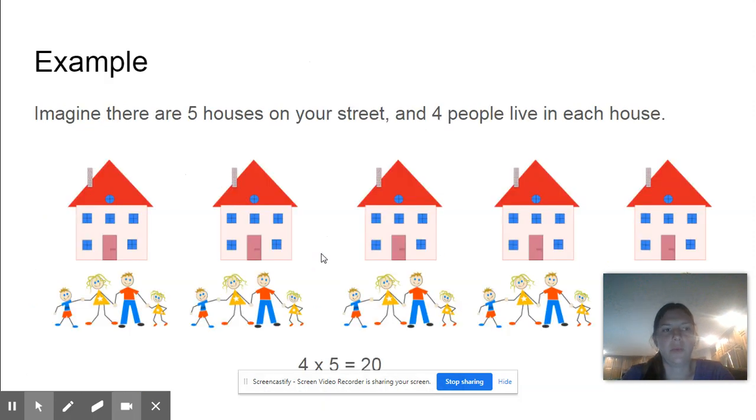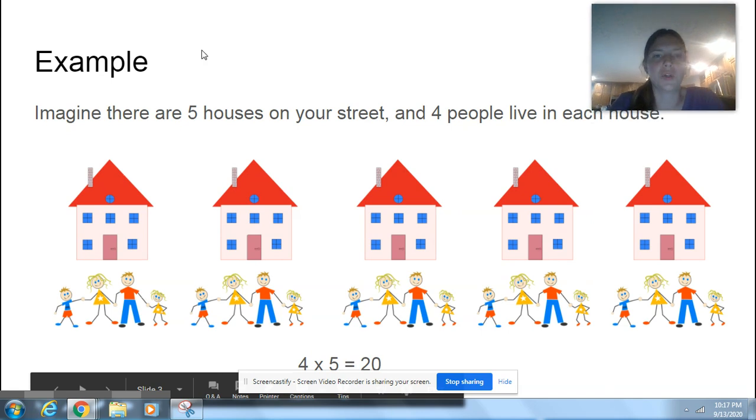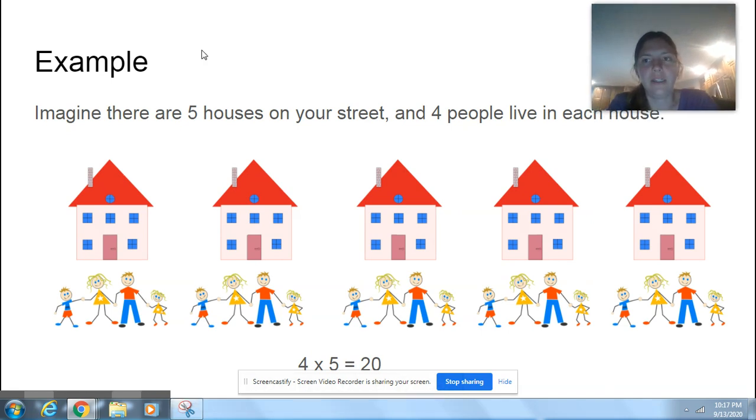Okay, so in this example, imagine there are 5 houses on your street and 4 people live in each house. We want to know how many total people live on your street. So, multiplication is repeated addition. We have 5 groups of houses, and there are 4 people in each group.